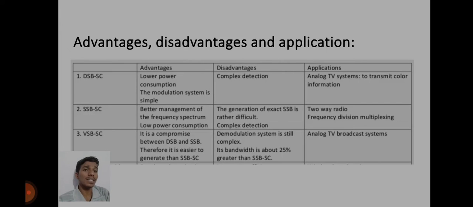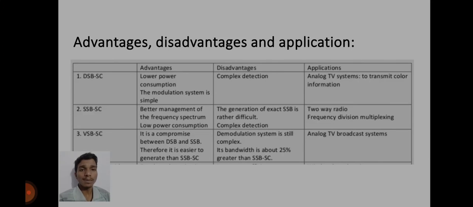So the DSBSC signal is very widely used for the color information of TVs. SSBSC. Advantages of SSBSC are better management of the frequency spectrum and low power consumption. Disadvantages are that generation of exact SSBSC is rather difficult and detection is complex, and the applications are two-way radio, frequency division multiplexing, and it is also used in point-to-point communications.